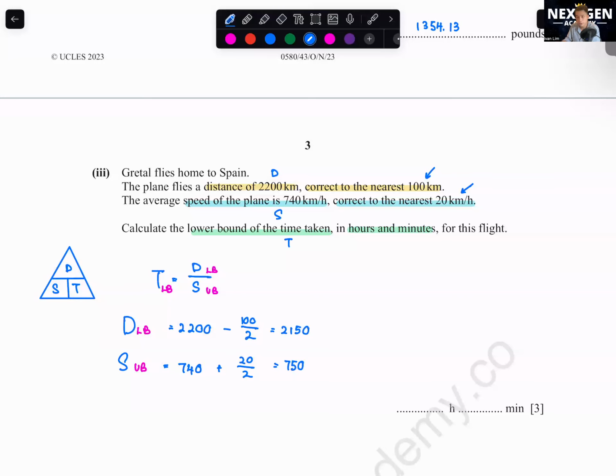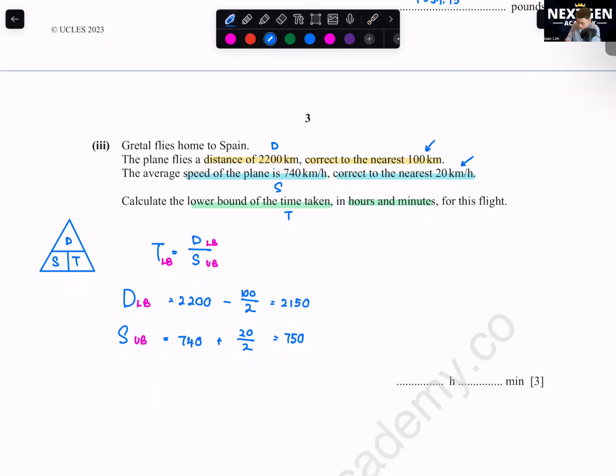One more thing to take note of also, sometimes they may test you on the units, but here, km and kilometer per hour. So your outcome you will get is hour. If the unit is different, like let's say one is hour, the other one is second, or one is km, one is meter, change it all to the same unit first before you go and multiply or divide it. Now we get the time lower bound, which is equals to 2150 divided by 750.